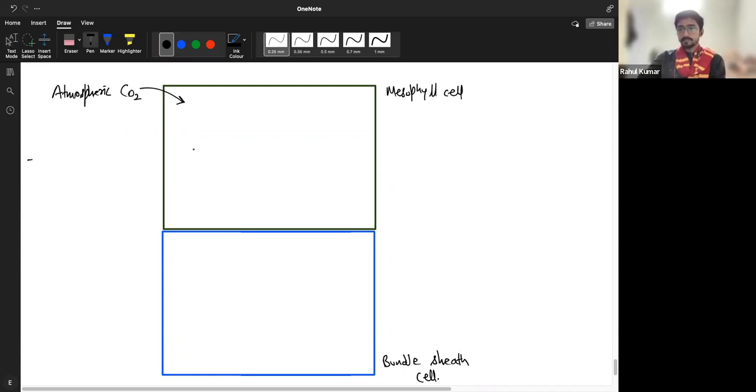When this carbon comes, it is converted into carbonic acid, HCO3. Still it has only one carbon, HCO3 negative. And this is received by a 3-carbon molecule called phosphoenol pyruvate, and all this is happening in this mesophyll cell.